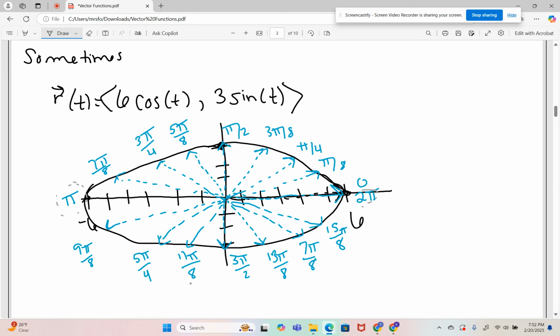It could also be 2 pi. So then 9 pi over 8, we have 10 pi over 8, which is 5 over 4, 11 pi over 8, 12 pi over 8, which is 3 halves, 13 pi over 8, 7 pi over 8. Actually, this should be 7 pi over 4. Look at me going back over it. I catch my mistakes. 15 pi over 8, and then, like I said, 2 pi.